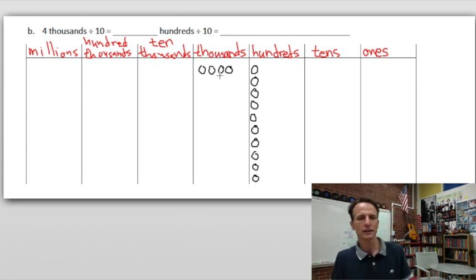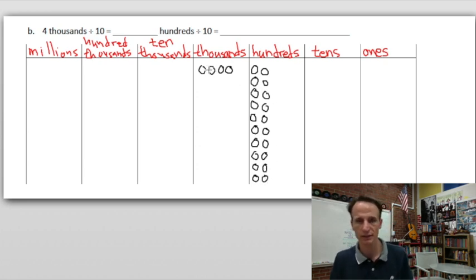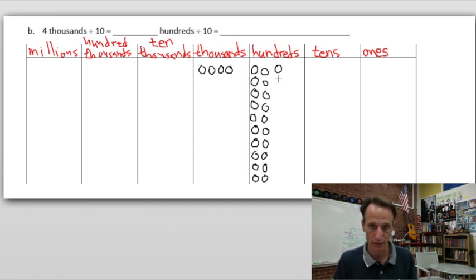Okay, and then the next 1,000 again is 10 hundreds. 1, 2, 3, 4, 5, 6, 7, 8, 9, 10. And then the third 1,000 again is 10 hundreds. 1, 2, 3, 4, 5, 6, 7, 8, 9, 10.